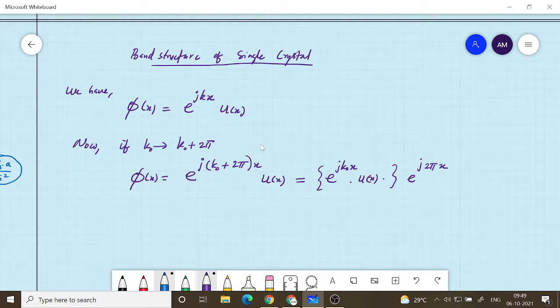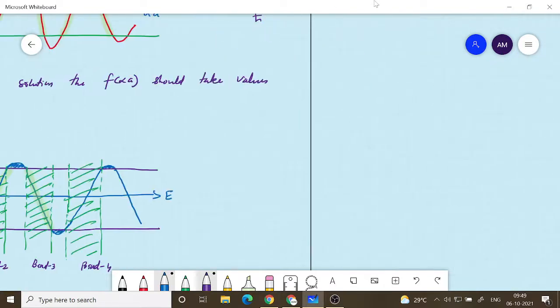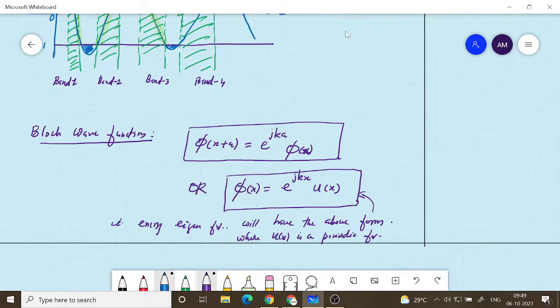So if I take this, when k is shifted from k naught to k naught plus 2 pi, then we have a phase which is equal to 2 pi x. I think it is better to take the other expression to see it even better. I have written two expressions; they are basically connected.